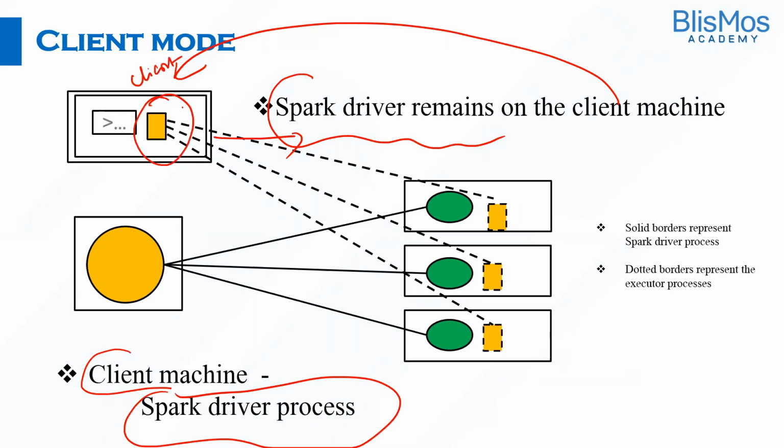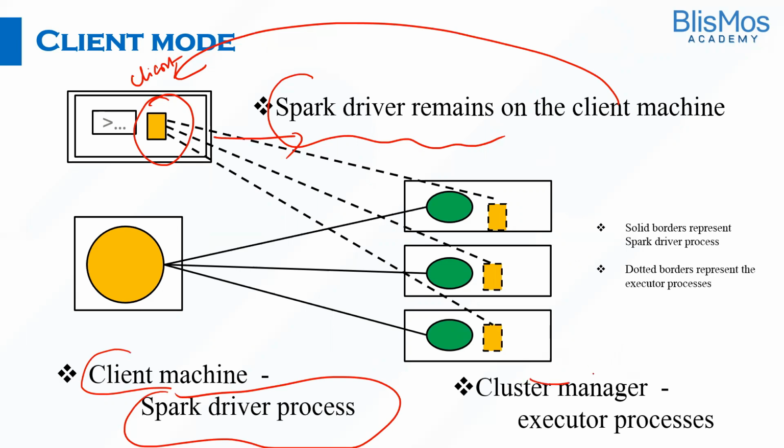That is the reason it is responsible for maintaining the Spark driver process. On the other hand, the cluster manager, it can be Apache Mesos or Yarn, depending upon your project, is responsible for maintaining the executor processes. That is how the client mode differs from the cluster mode.